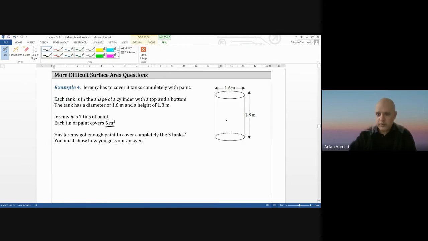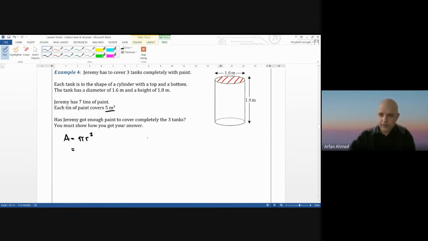Let's work out the surface area then. So we definitely need the area of the top. Let's do that first. That's the shape of a circle, so that's going to be pi r squared. I think it's always a good idea to write the formula down just to remind yourself what you need. Because in this case, I need pi. And now I need the radius. But what have they given us?